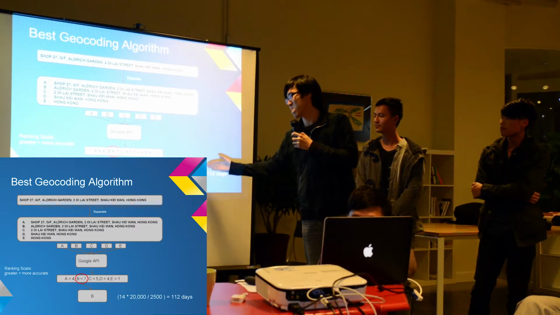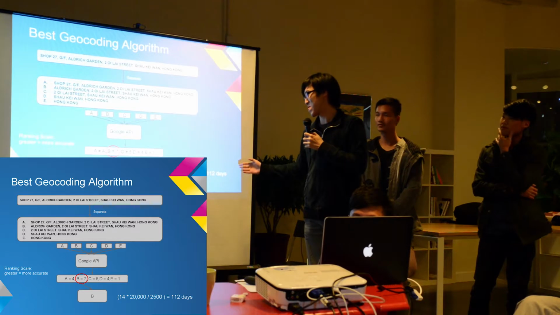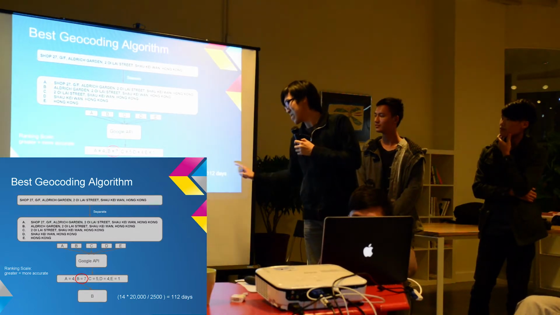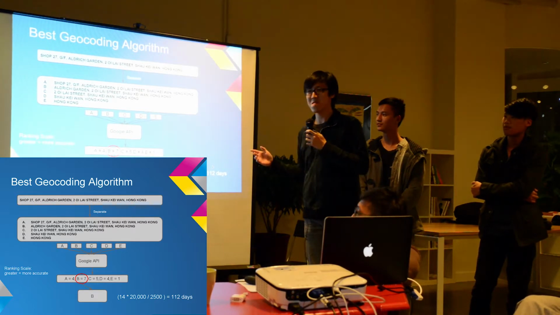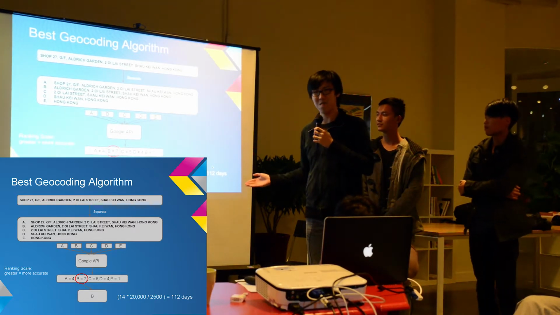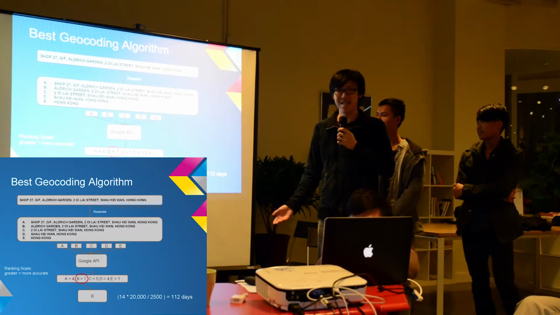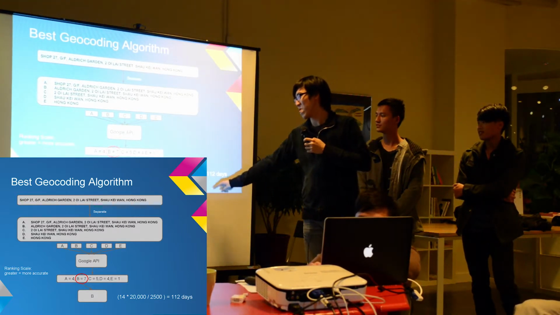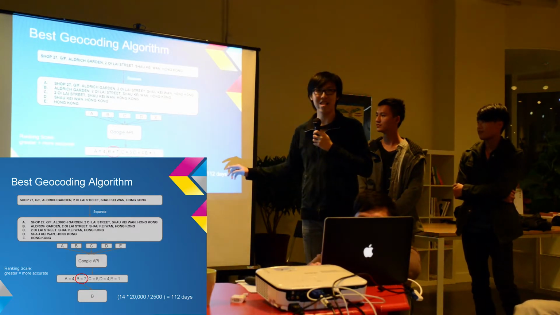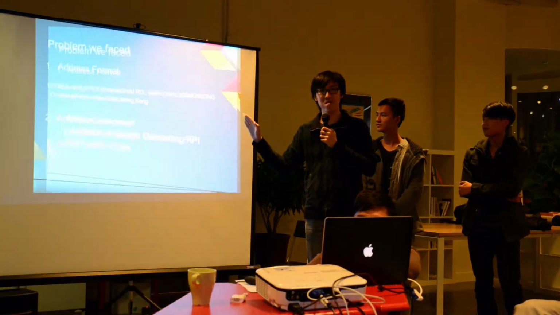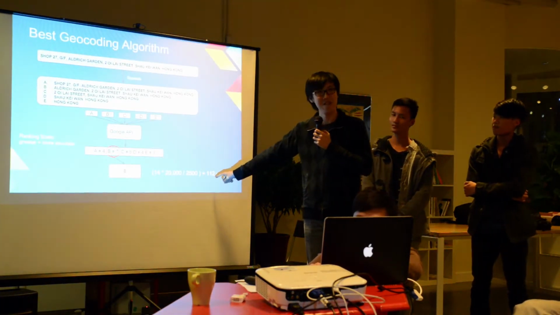And because of the limitation of API requests, the time needed to carry out all the geolocation conversion increases exponentially. If you take the example from the last slide, we have to use X days for a simple conversion, but with this algorithm, we have to do it in over 100 days.